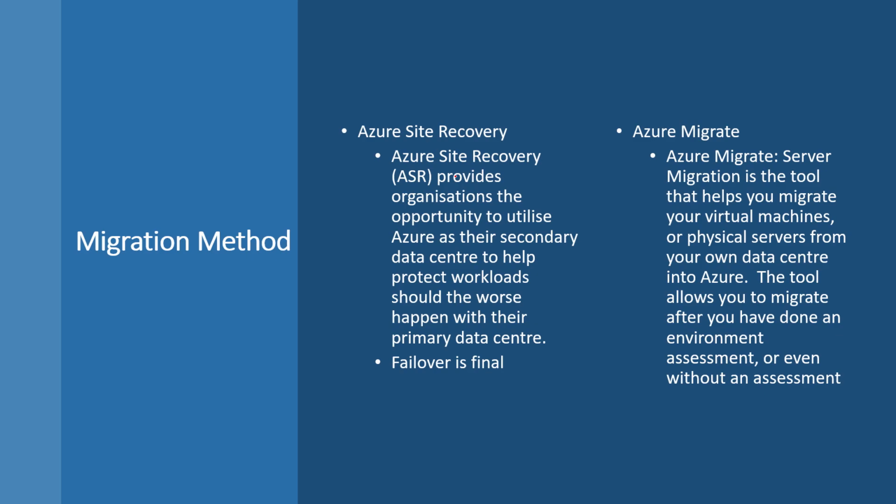You can fail over the entire workloads to Microsoft Azure. So that is the purpose of Azure Site Recovery, like Site Recovery Manager or Hyper-V replication. Azure Migrate is a tool specially dedicated to moving your virtual machines from on-premises to Microsoft Azure.